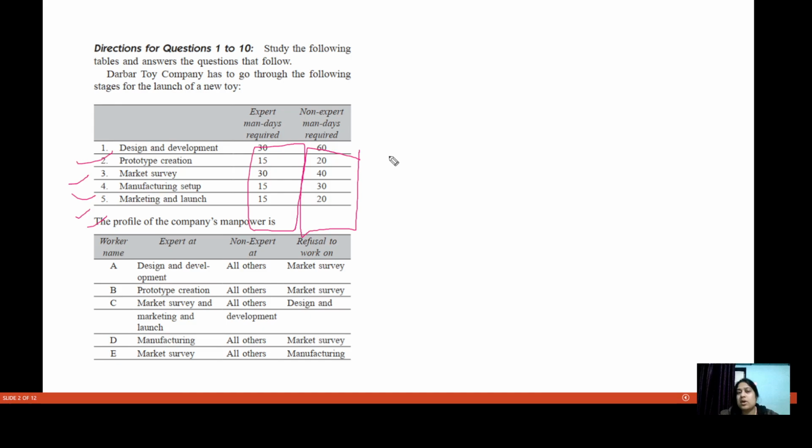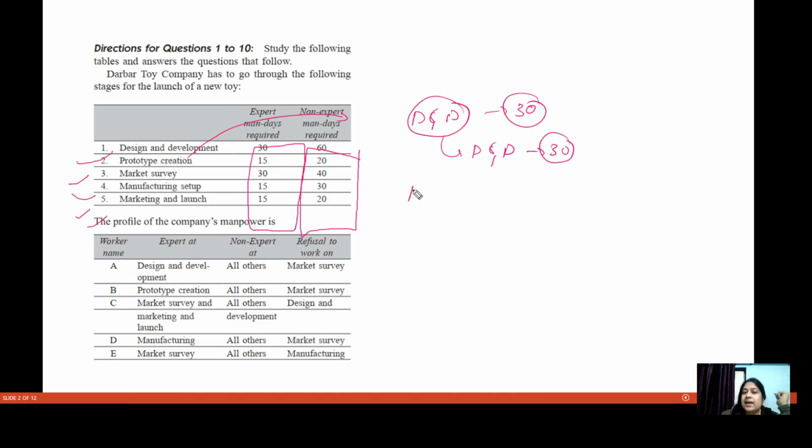To do design and development, let us call it D&D, the expert man-days required is 30. That means any person who is expert in design and development will be able to do that work in 30 days. Similarly, any expert can do prototype creation in 15. Since A is expert in design and development, A is able to complete it in 30 days.